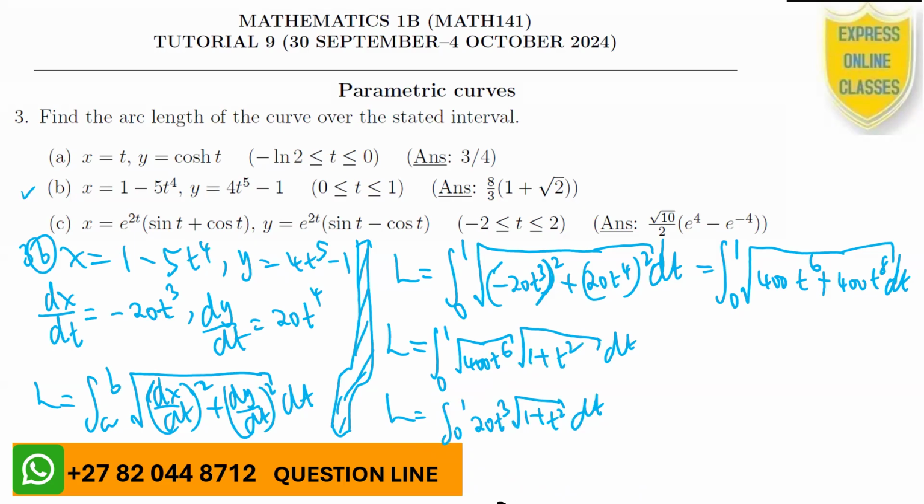Just like that. So the question is, what is the integral of this? It's something you need to think about.